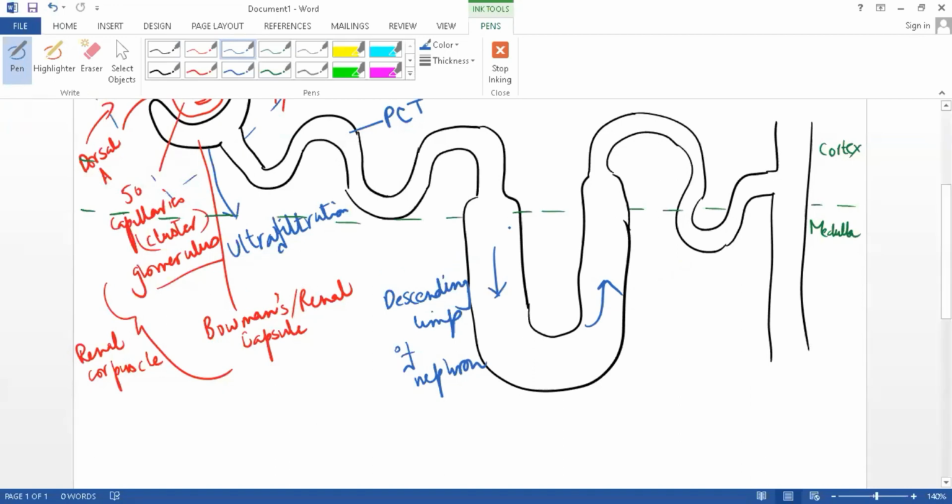This is the ascending limb of the loop of Henle. We should specify the name, the loop of Henle. This is the ascending limb of the loop of Henle.